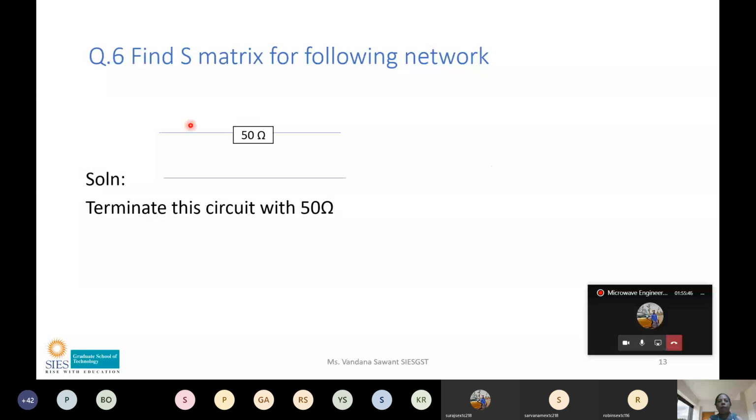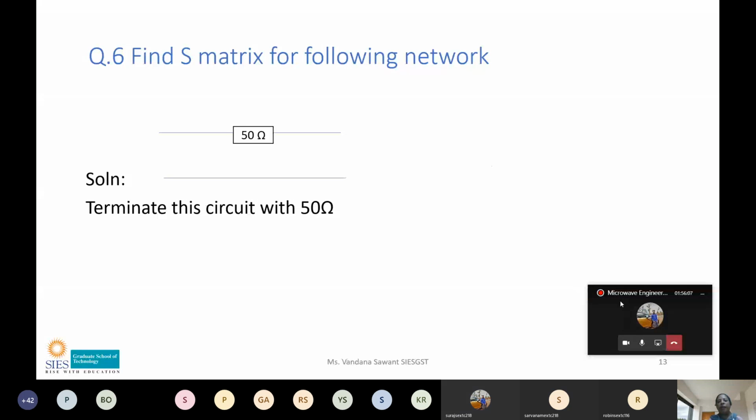Now if you are looking from this input side, then this 50 and this 50 will be in series. Zin will be equal to what? What is the value for Zin? 100 ohm, ma'am. Right, 50 plus 50.